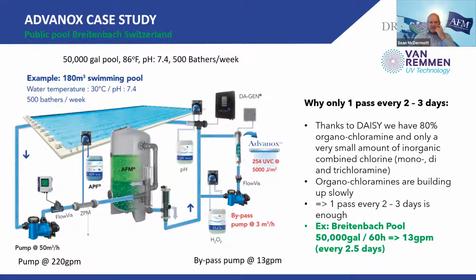So when we say advanced oxidation, I don't want anyone to have a bad opinion of it because of what's going on currently in the US. This is completely different and produces a large amount of free radicals, and that's why we need such a high level of UV exposure in this application. So just keep that in mind when you hear advanced oxidation. This is truly producing effective advanced oxidation, not as a disinfectant, but as a way to reduce the organic chloramines.